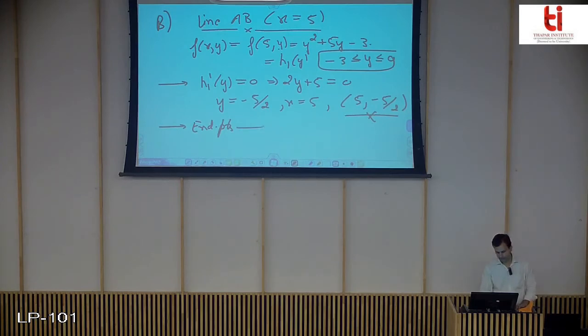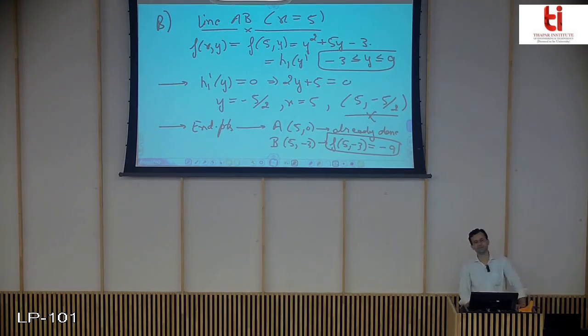Endpoint A, that is (5,0), is already done, and B, that is (5,-3), where the value of the function equals minus 9. Again we are not proceeding beyond this point to the second derivative test. We are just taking only the critical points and then finding the value of the function at those points.